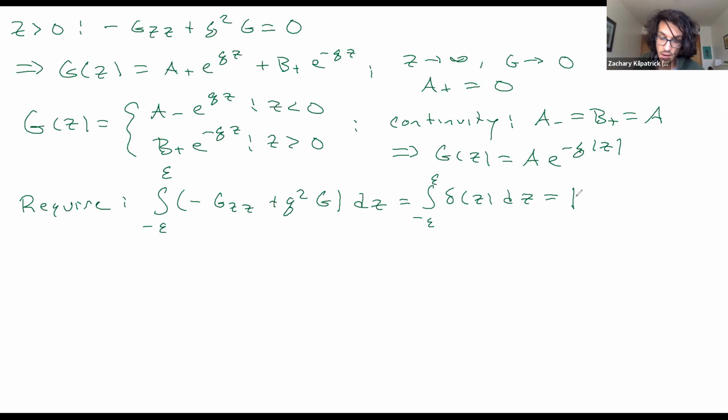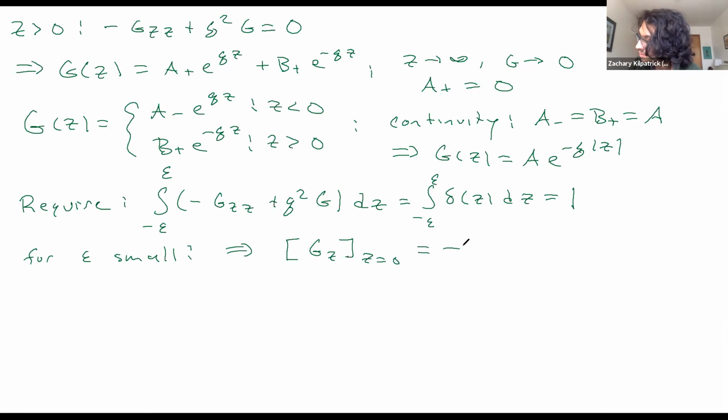And so recall that g is going to be continuous, right? If I shrink epsilon small, we're just going to have that this condition implies that g sub z evaluated at z equals 0 is equal to -1 in this case. Okay, so what does that imply?